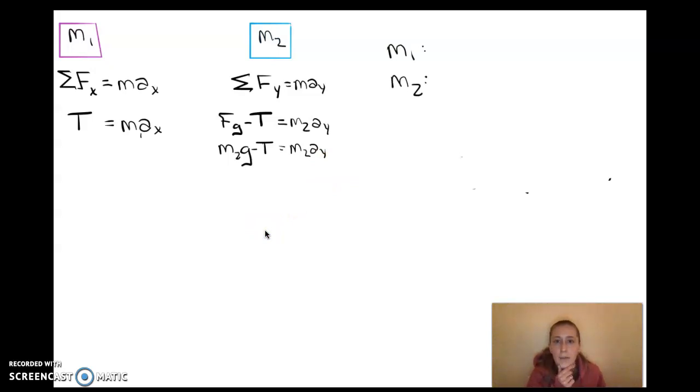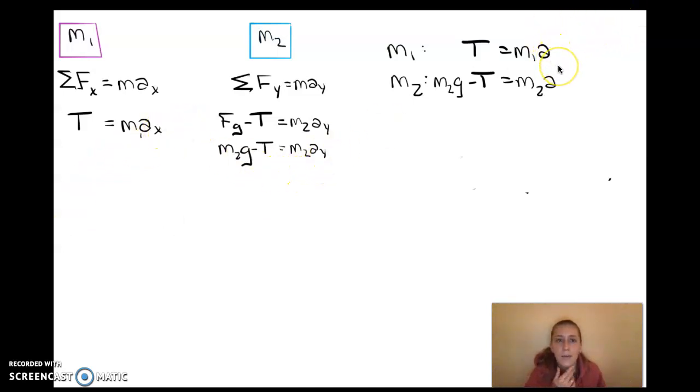Okay, so let's simplify the expression that you derived for each object. For mass 1, we have T equals m1a. And for m2, we have m2g minus T is equal to m2a. Now notice I dropped the x and y subscript here.